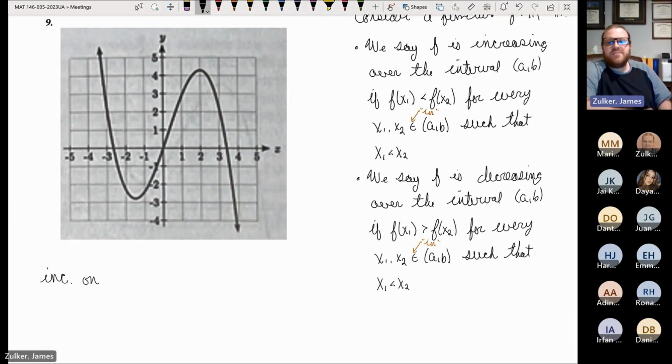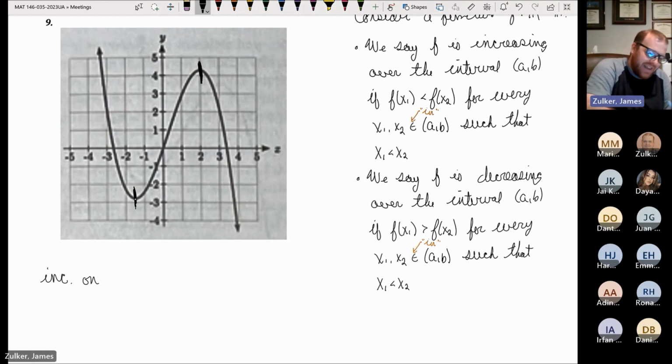So let's determine where it's increasing. Looks like it's increasing over this interval, right? So let's say it looks to be about -3/2 to 2.